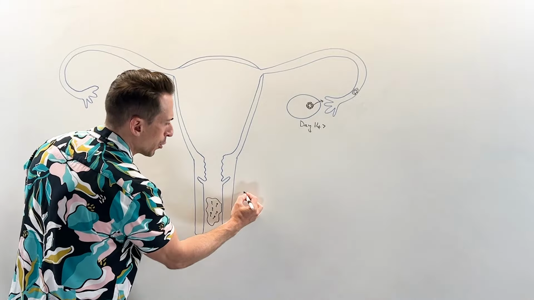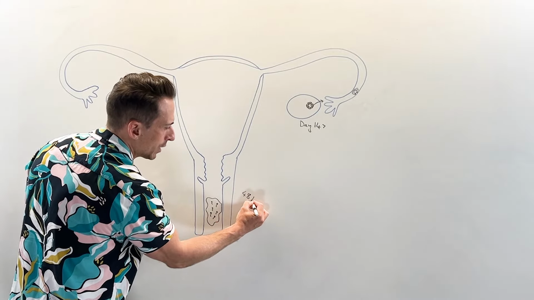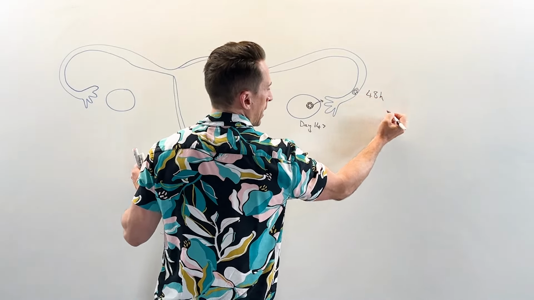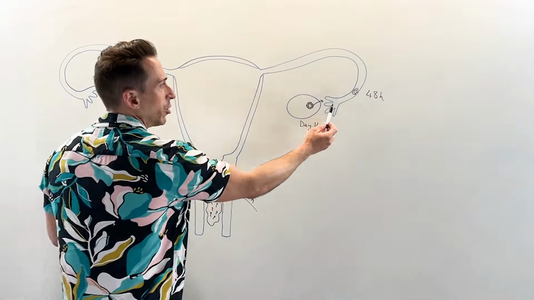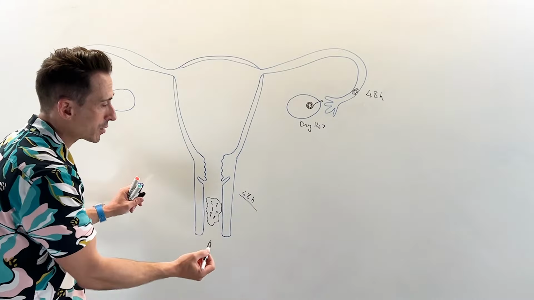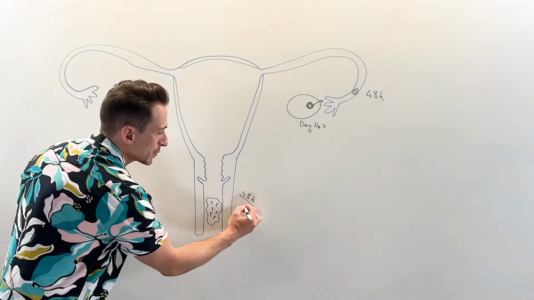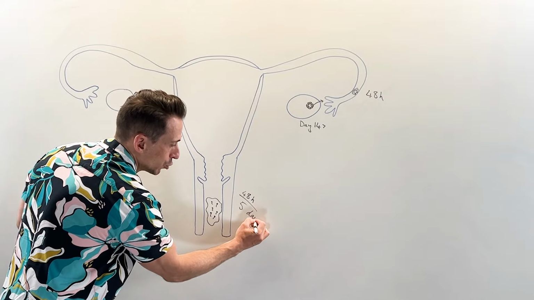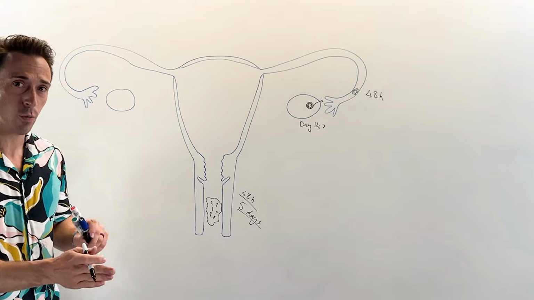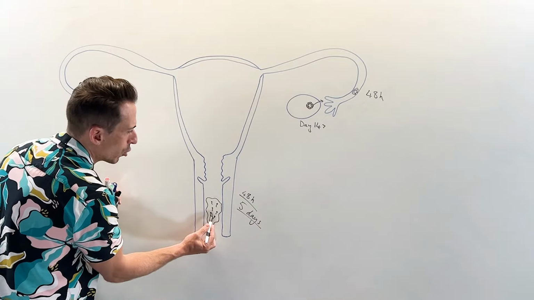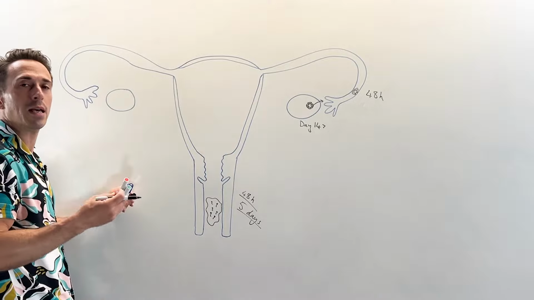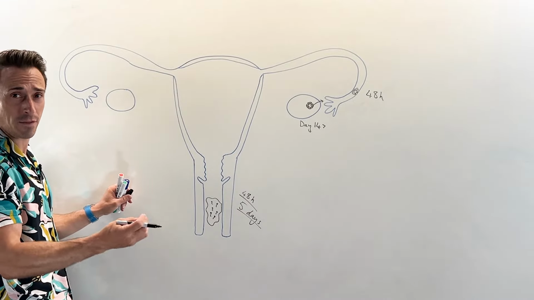Generally speaking, the sperm will last about 48 hours and the oocyte will last for around about 48 hours. However, that oocyte or egg won't really last much longer than 48 hours. However, the sperm can last up to 5 days. Now that's not common, but it can. And the reason why is because the sperm can actually sit within little folds of the cervix and folds of the uterus and remain there for 5 days.